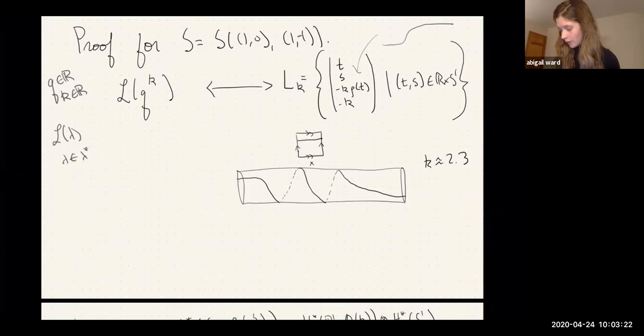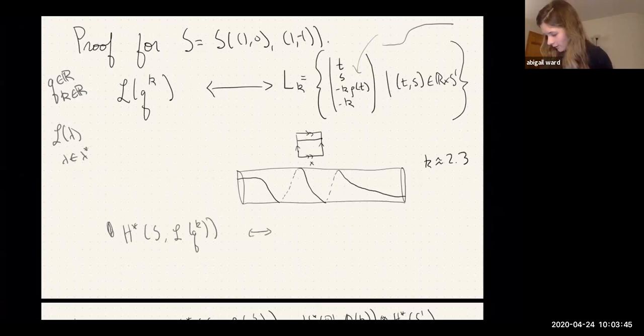And then I want to check Hom with L0. So if I say H, I should have H star of L Q to K should correspond to intersections of L0 intersect LK.